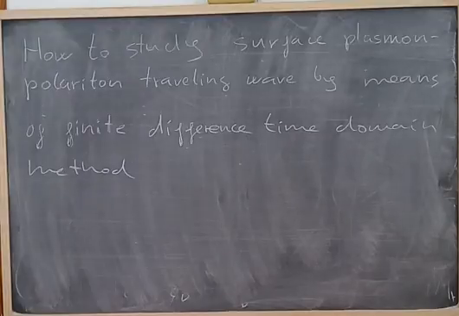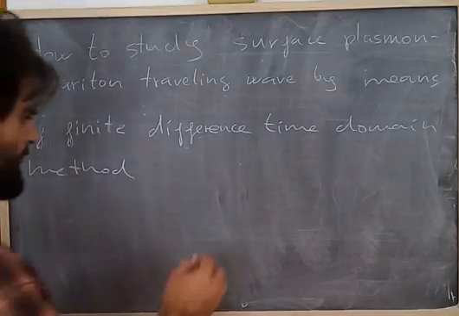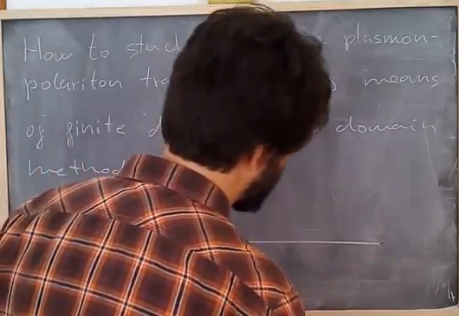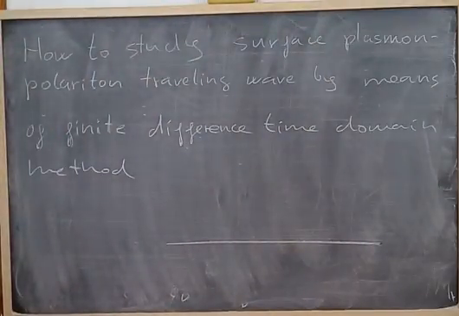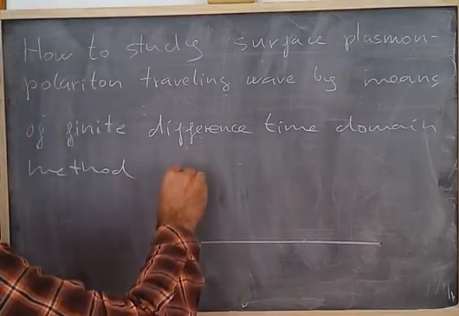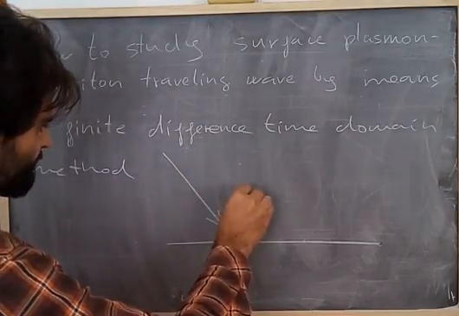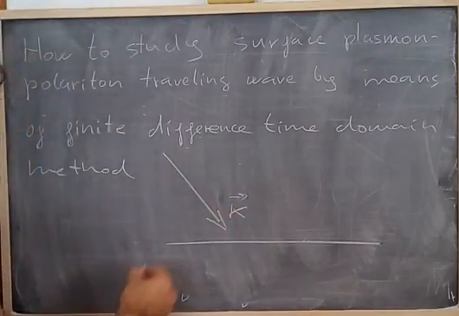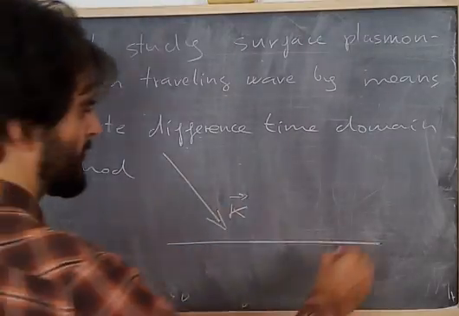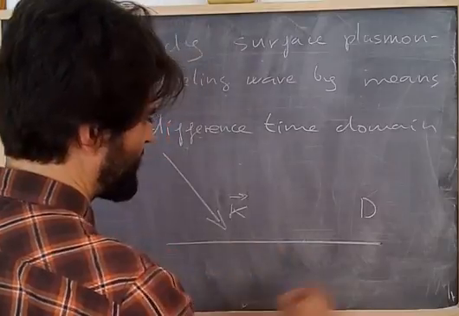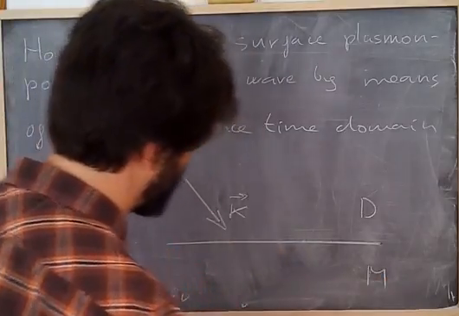Okay, the phenomenon that we are going to study along this video is the following. We have an electromagnetic field, this is the wave vector K, that impinges on an interface between two media. This is a dielectric medium and a metal.